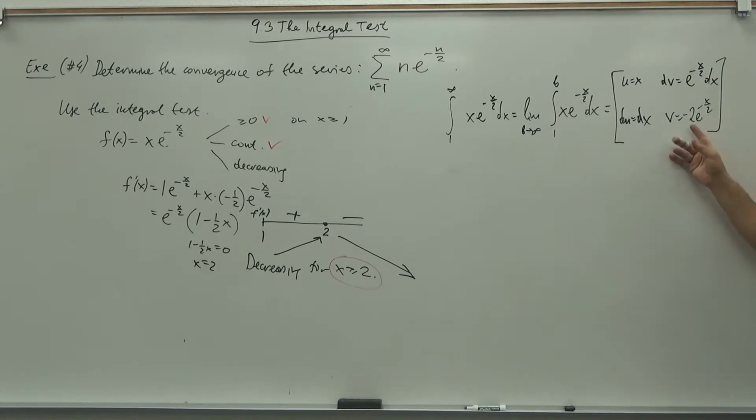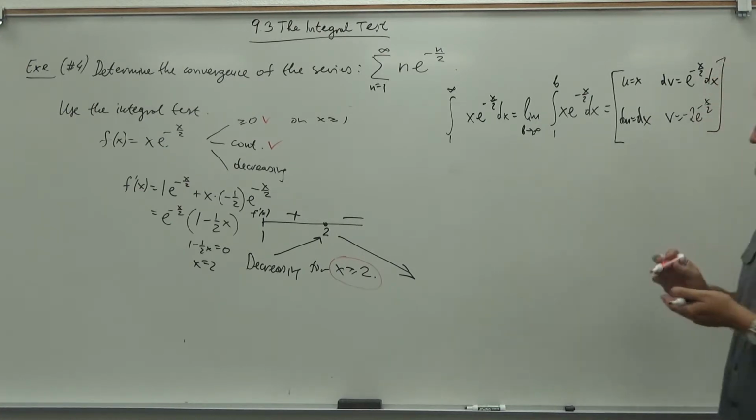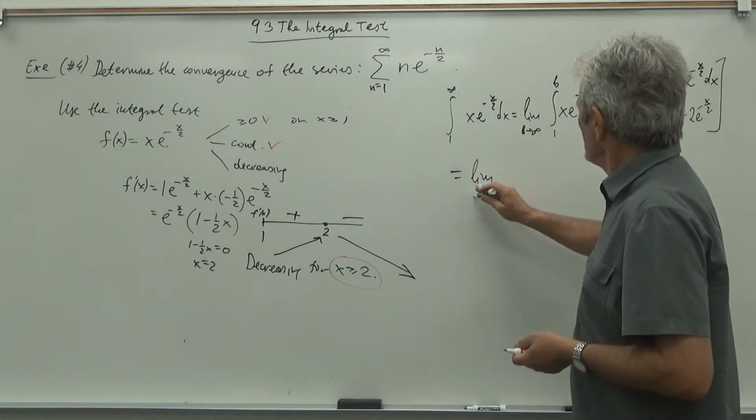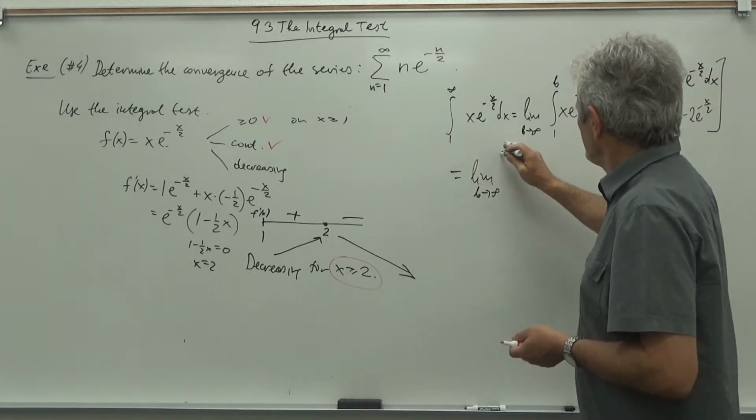Whenever you are not sure, just differentiate backwards. The derivative of e to the minus x over 2 will be e to the minus x over 2 times negative 1/2. They cancel, exactly what we needed. And what would that be? It's a limit as b goes to infinity.